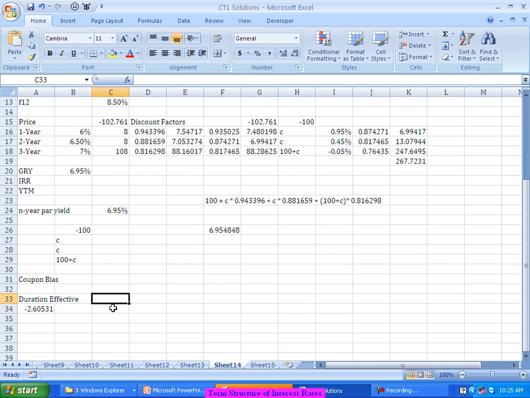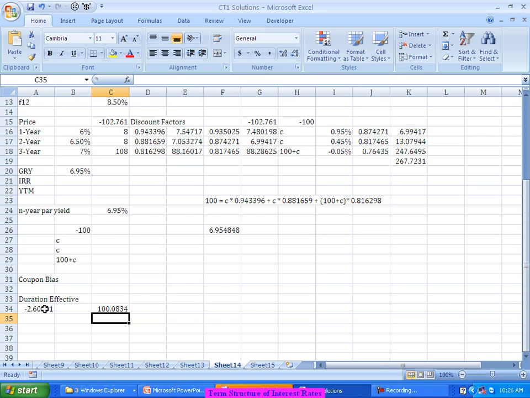The other way of saying it is, if the interest rates go up by 1%, the price of this bond will drop by 2.6%, which means it can go to 100.08. The loss that can come out on the value of the bond is something equivalent to that.